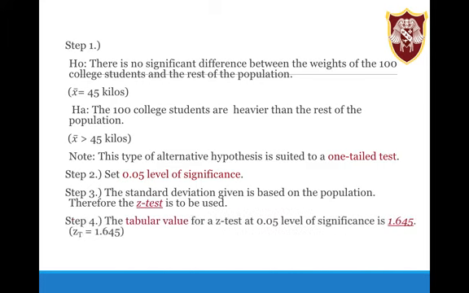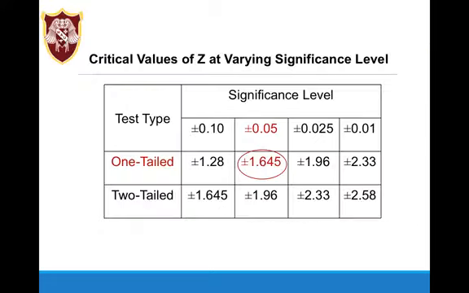The tabular value for a z-test at 0.05 level of significance is 1.645. So this is our critical value. So how did we find that? From the z distribution I've shown you a while ago, so this is the table. We know that the test is one-tailed and the level of significance is 0.05.